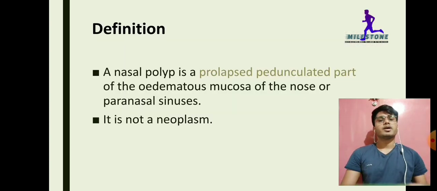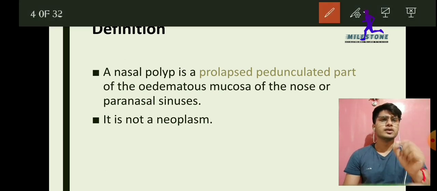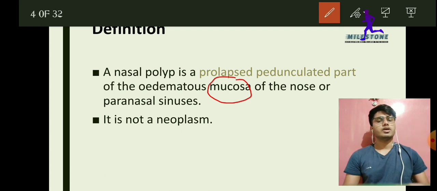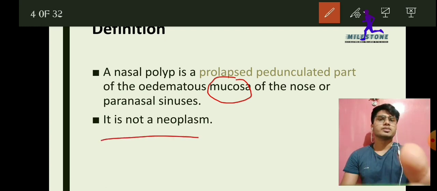Okay, so nasal polyp. The nasal polyp is a prolapsed pedunculated part of the edematous mucosa of the nose or paranasal sinuses. So mostly it is paranasal sinus mucosa. We are going to focus on this word, mucosa. This word is really important here, and it is not a neoplasm.